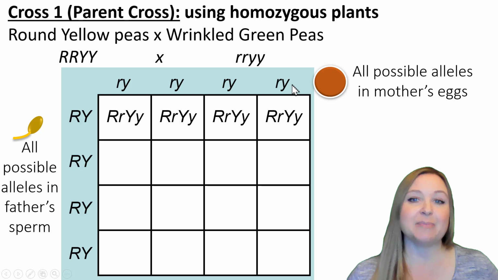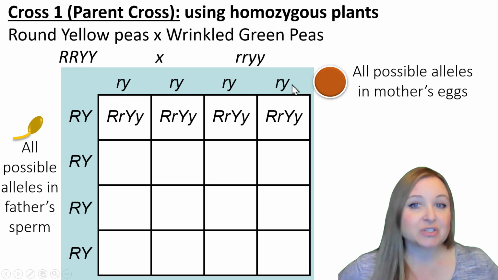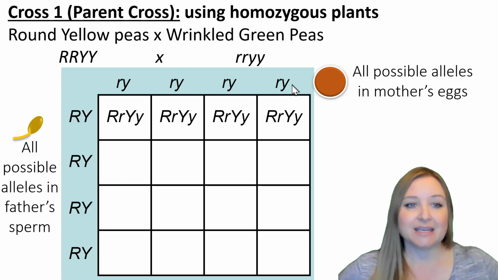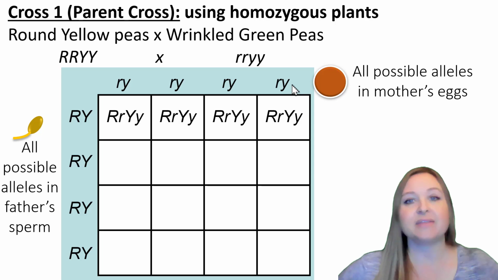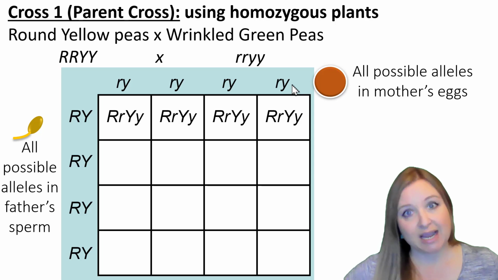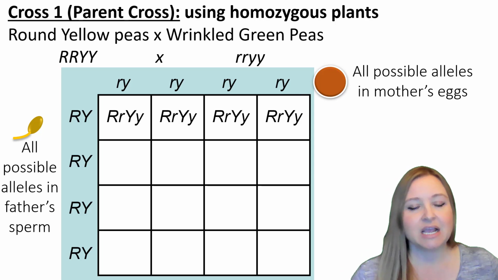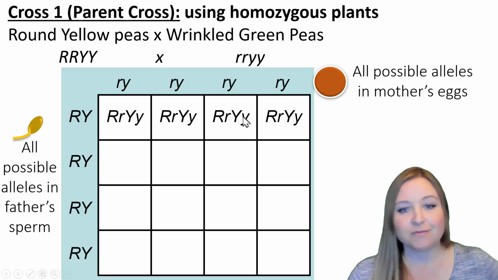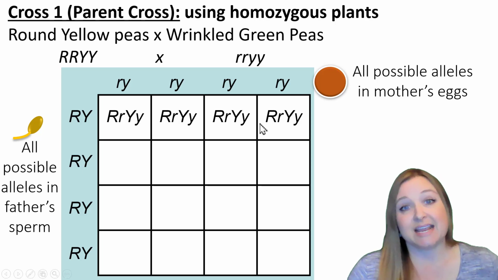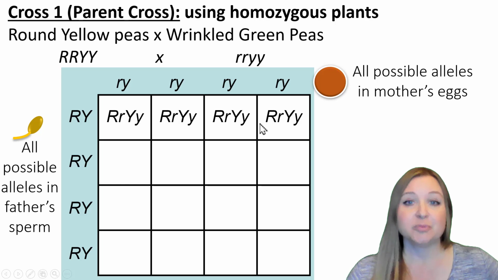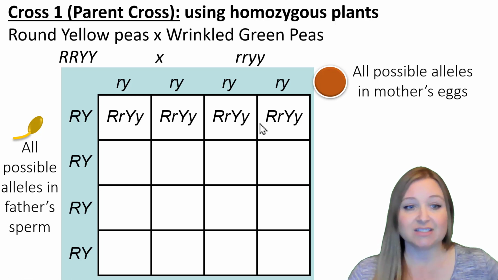Okay, so you can see because the father's sperm all had the same possible alleles and the mother's eggs also had all the same possible alleles, the genotype of all four of these options is the same. They're all homozygous for both the R and Y genes.